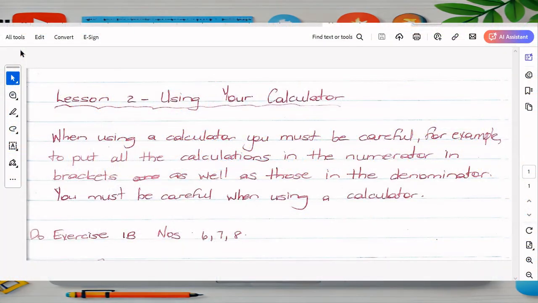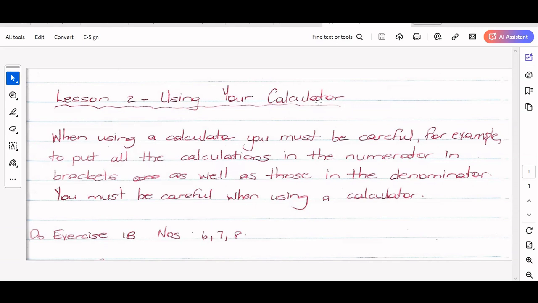So this is lesson 2, using your calculator, right? A lot of the work that we would do at this level would be done with the use of a calculator.